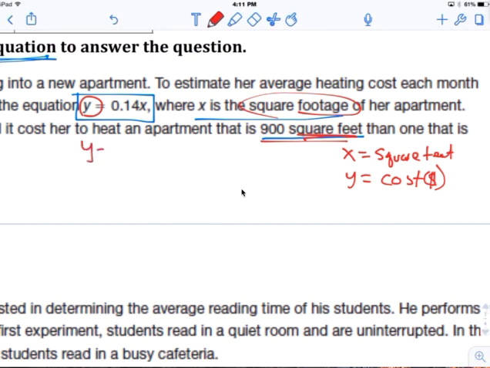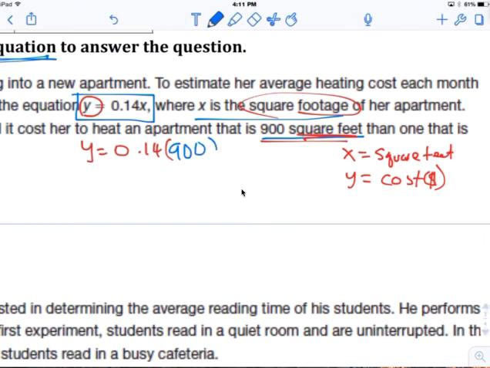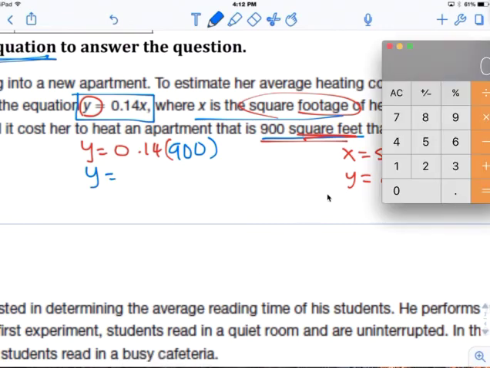So Y equals 0.14 times 900. Let's see how much it's going to cost you for a 900 square foot place. $126.